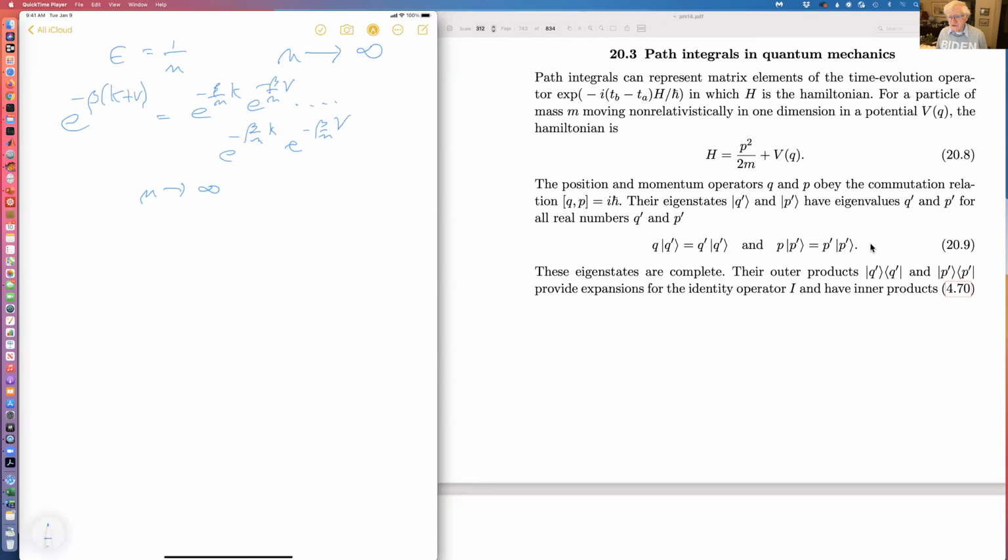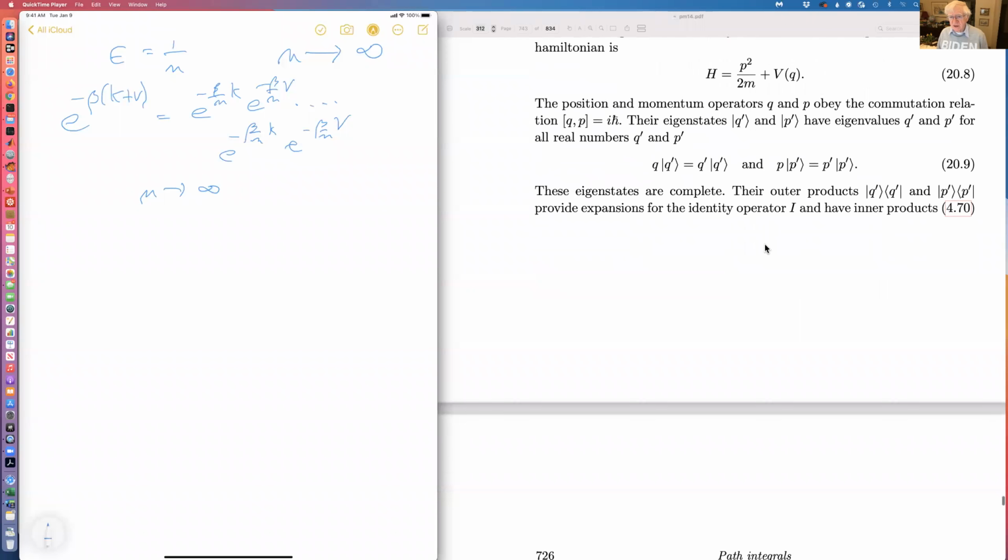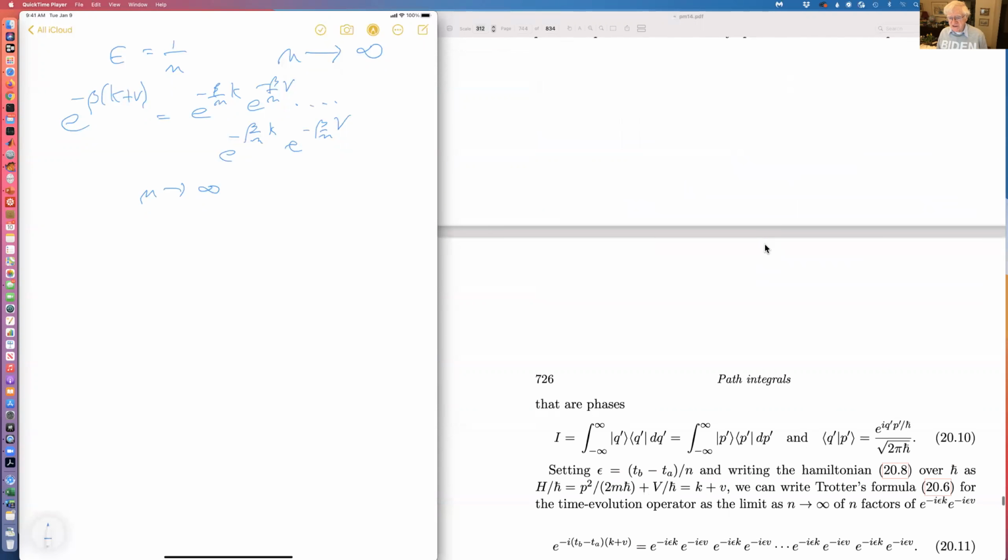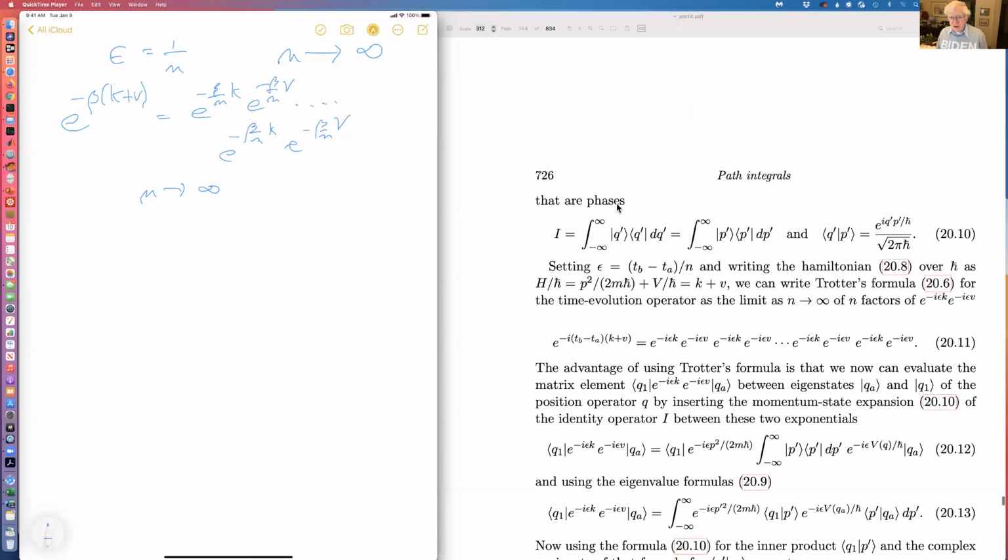so what we do is we start out with complete sets of eigenstates of P and Q. And the identity operator then looks like this, but you can also write it as an integral over outer products of P states, and consequently, the inner product of a P state with the Q state, of course, looks like this.